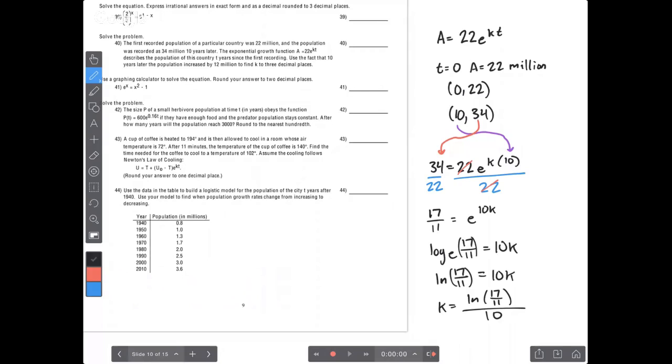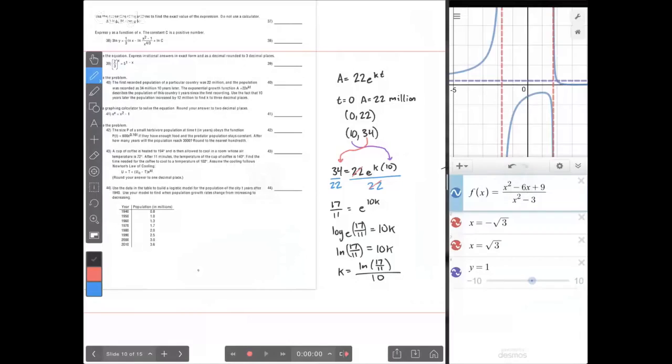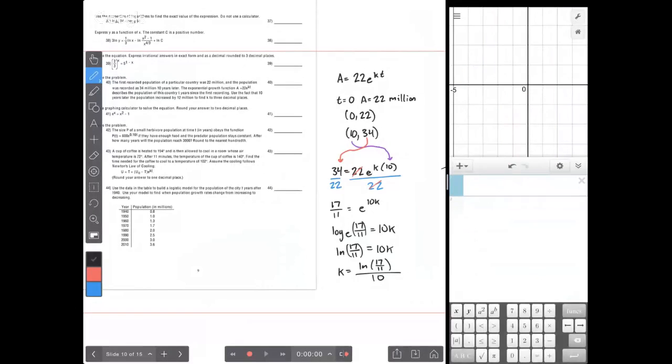So that definitely looks like something you should be able to do without Desmos whatsoever, even though it is kind of a function-based graphic thinking problem. It might be on Desmos or not Desmos. I am going to show on Desmos, just because that's the screen I have here, how to evaluate that so I can find it to 3 decimal places. So I do ln of 17/11ths, and that's all divided by 10.